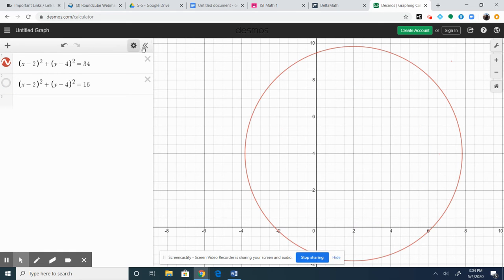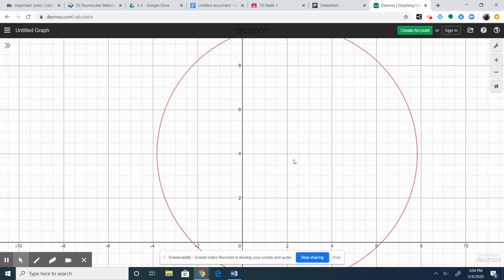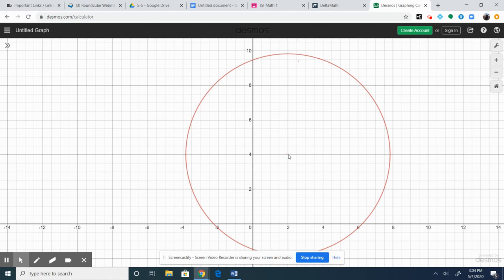This is a circle with the same center at 2 and 4. But if you notice, we're not able to count directly to any other spots because they don't actually touch any points.